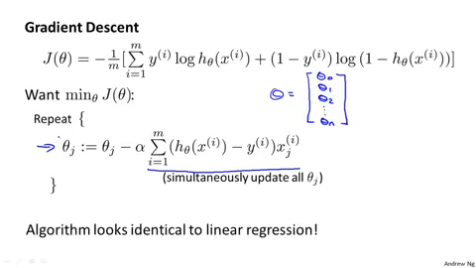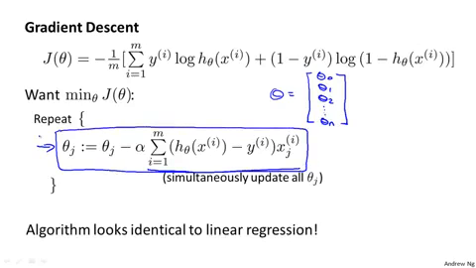Now, if you take this update rule and compare it to what we were doing for linear regression, you might be surprised to realize that this equation was exactly what we had for linear regression. In fact, if you look at the gradient descent rule for linear regression in the earlier videos, it looked exactly like what I drew here inside the blue box. So are linear regression and logistic regression different algorithms or not? Well, this is resolved by observing that for logistic regression, the definition of the hypothesis has changed.